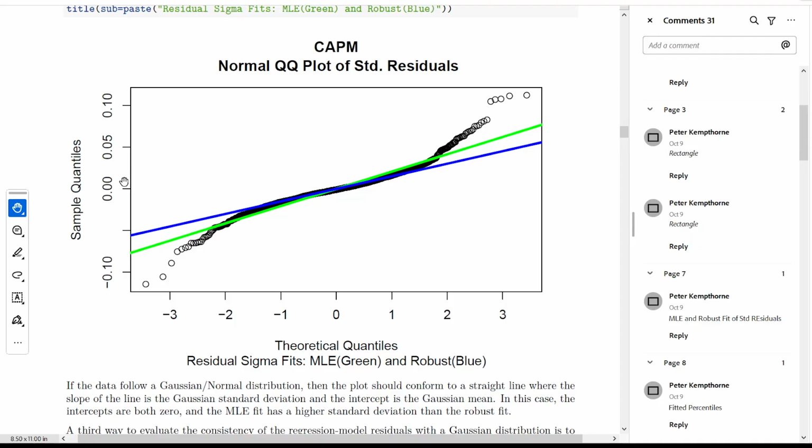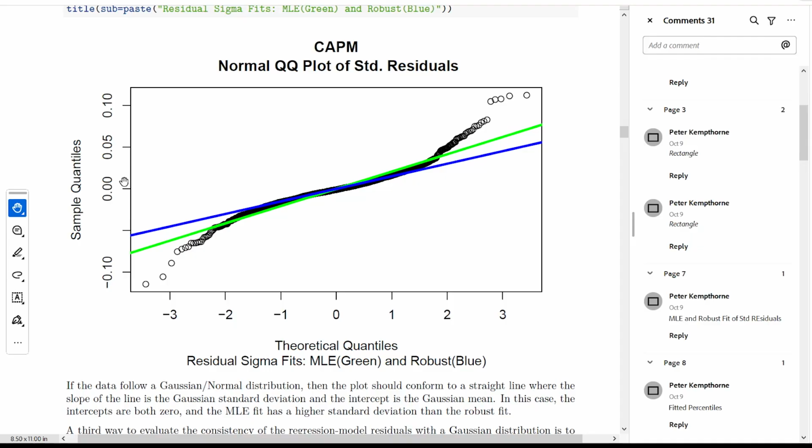And this plot will look like a straight line if the residuals are Gaussian. And the green line corresponds to the MLE fit of the Gaussian. Basically, the slope will equal the standard deviation of the distribution, and the median roughly will correspond to the mean value.